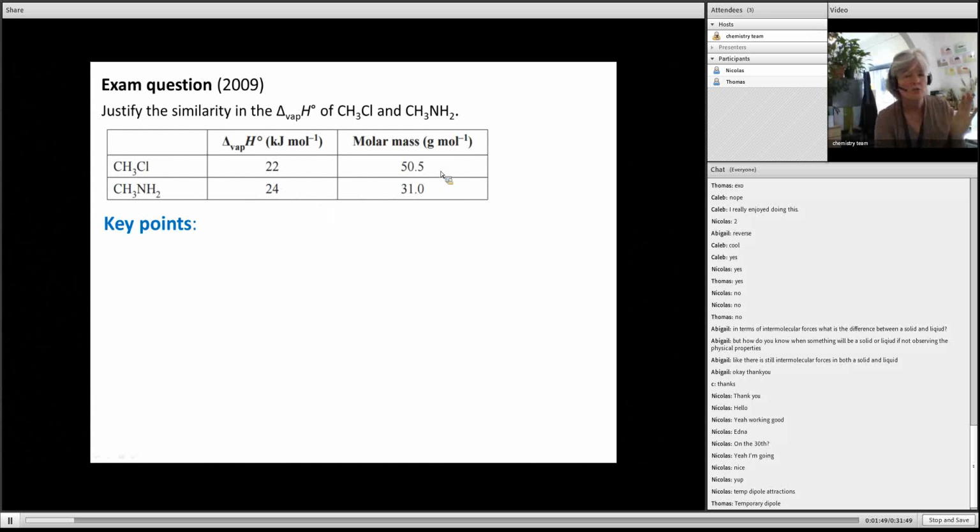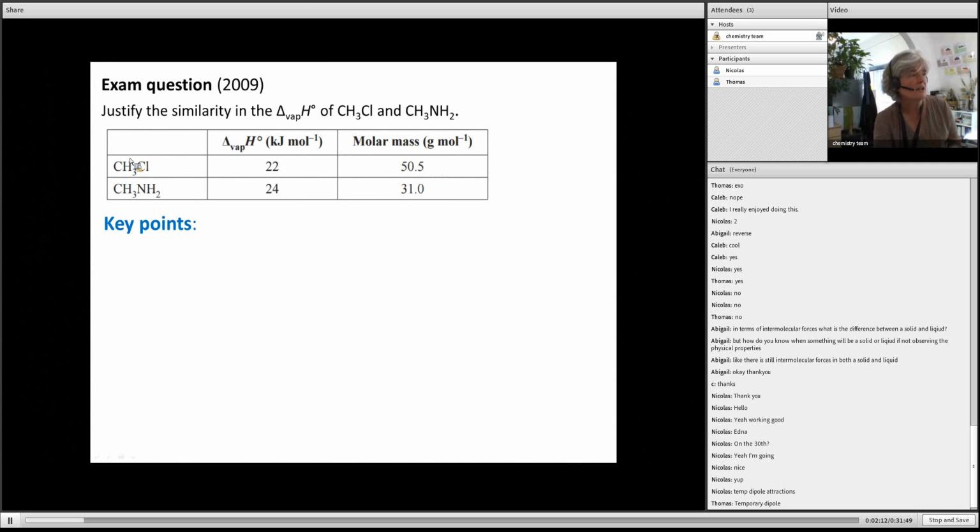So you have to refer to them, so you have to work out what the intermolecular forces are, and remember, don't just say intermolecular forces. That's level 2 thinking. Now we've got to go in deeper. So you can't even get achieved if you just say intermolecular forces. So you have to identify the temporary dipole attractions, the permanent dipole attractions, and the hydrogen bonding.